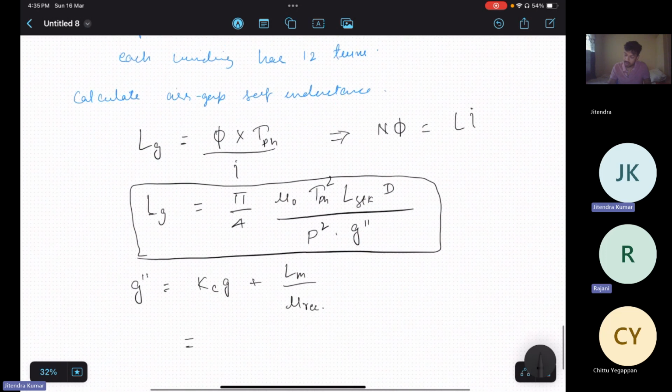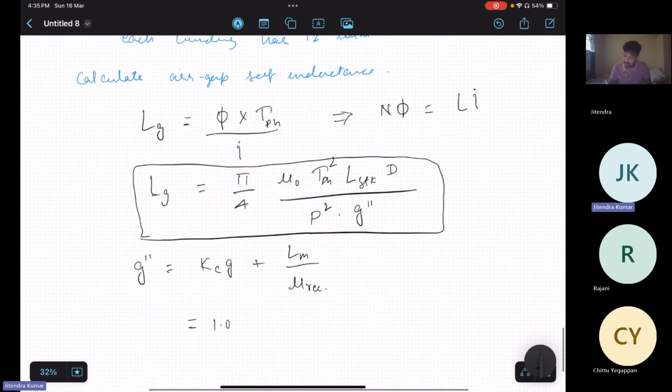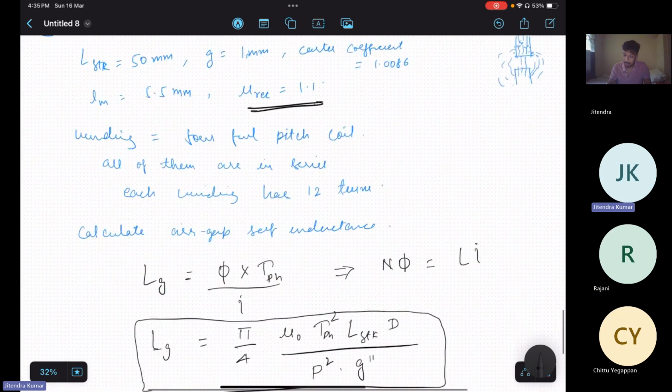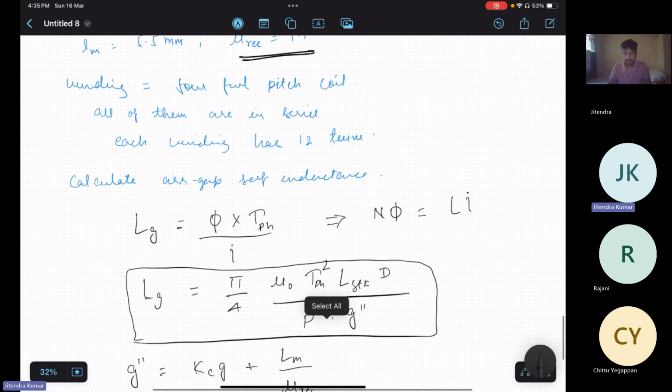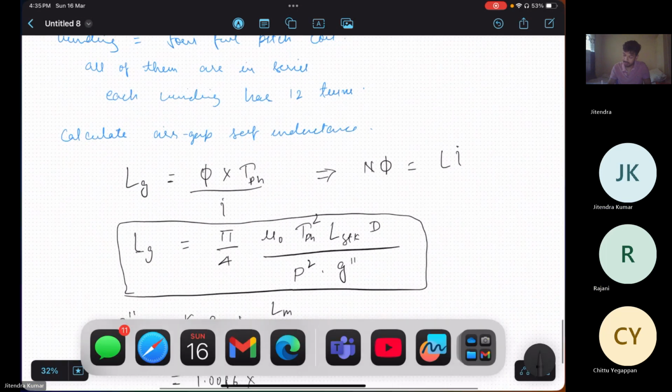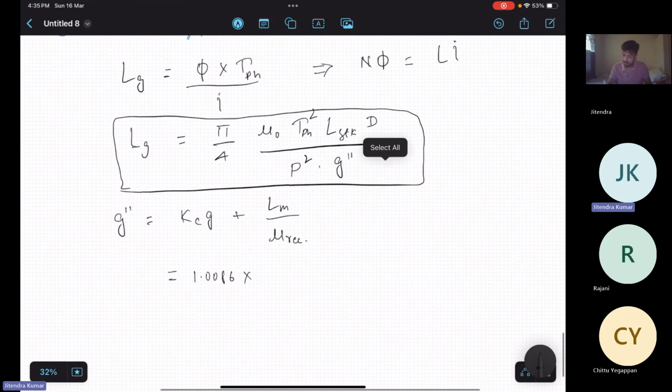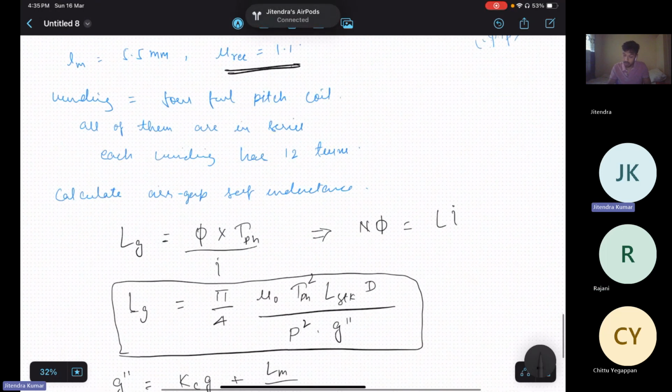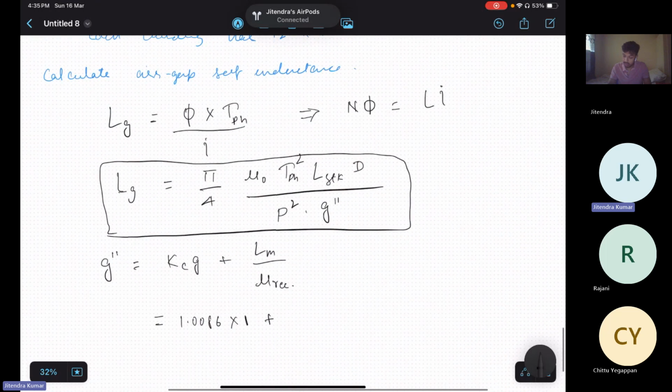Carter coefficient is 1.0086 into air gap 1 mm, plus Lm, which is 5.5, divided by mu r, 1.1.